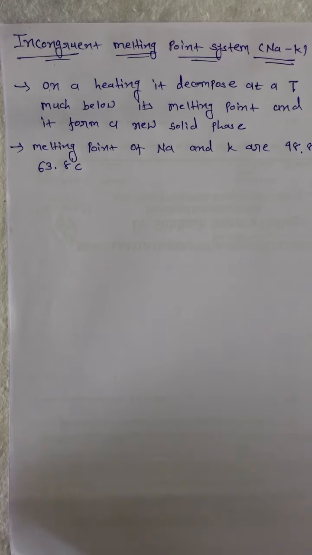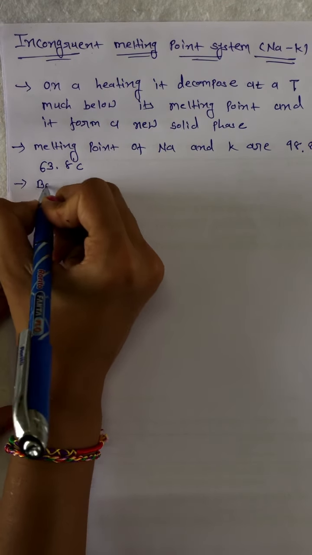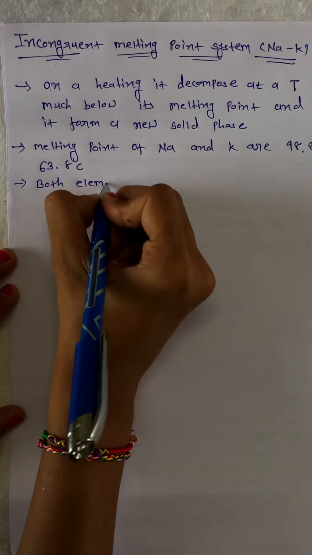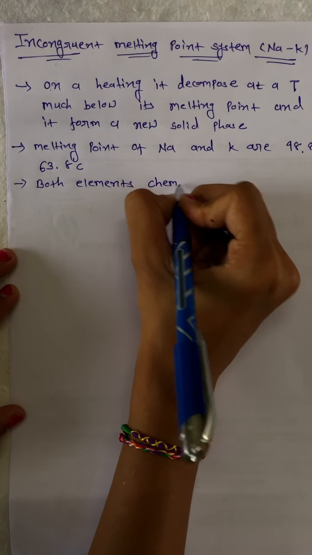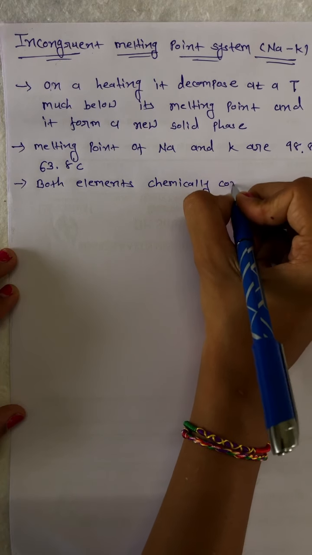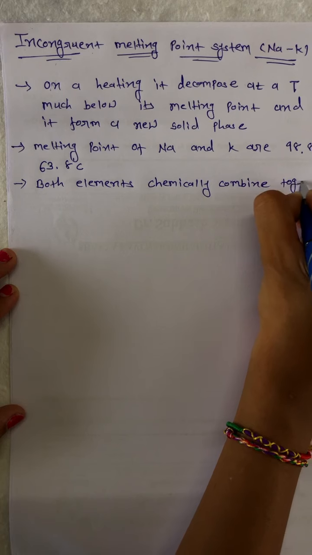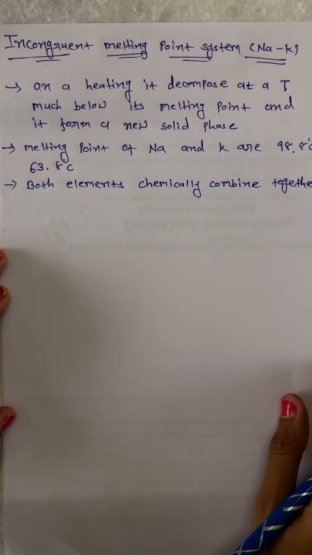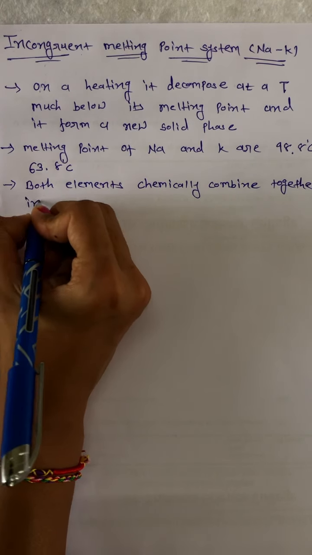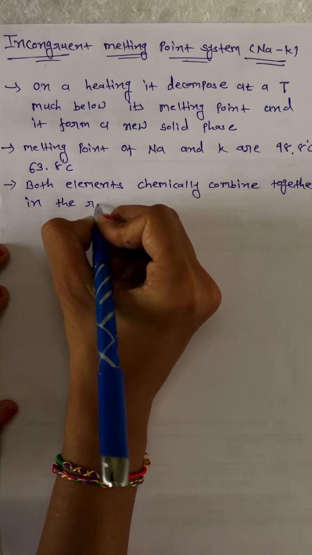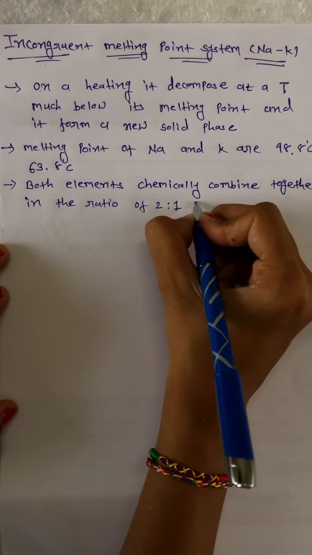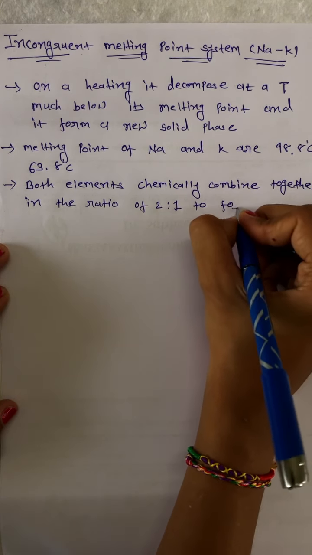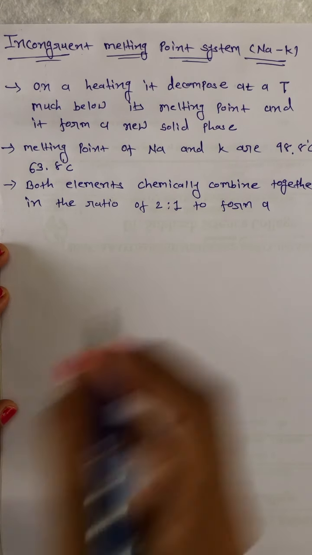Now both elements chemically combine together in the ratio 2:1 to form an intermediate compound.